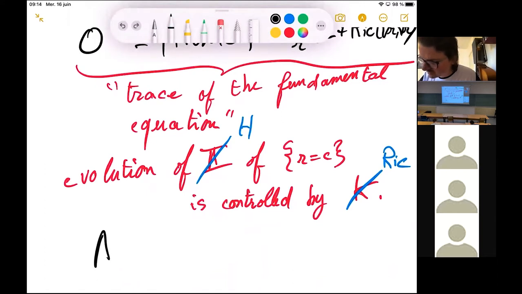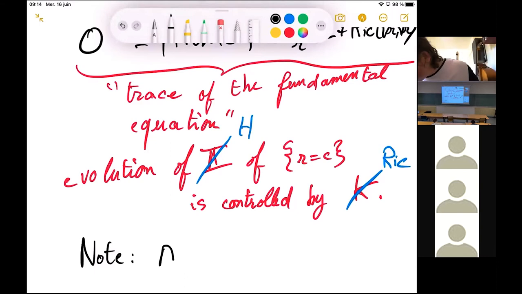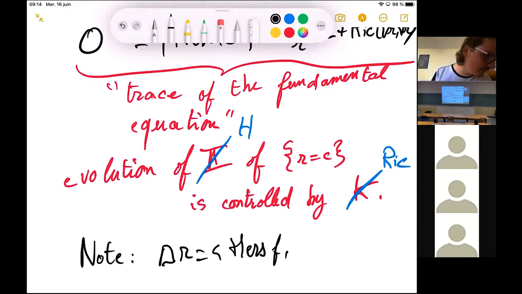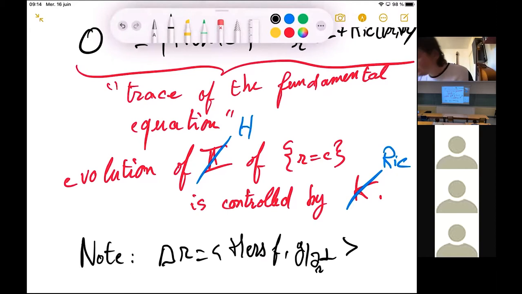Maybe first note the following. You can see the Laplacian of r as an inner product of the Hessian with respect to, not the metric, you have to be careful, but the metric restricted to the orthogonal of the radial direction, because the Hessian of r has a zero eigenvalue, so you can write it like that.